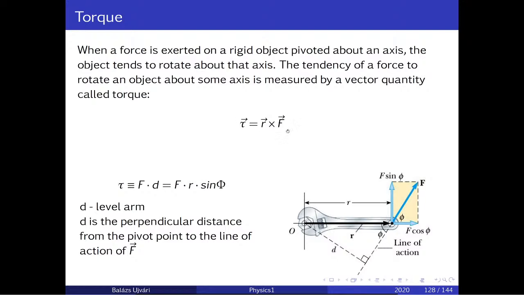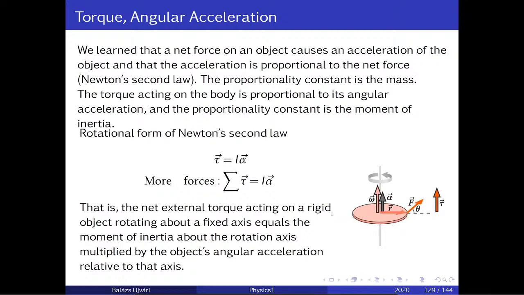So I suppose you still remember what this vector multiplication is. If the force and the motion are in one plane, like on the plane of your screen, this will be F times d, the force times the distance between the force and the axis, times sin phi, which is the angle between r and F.